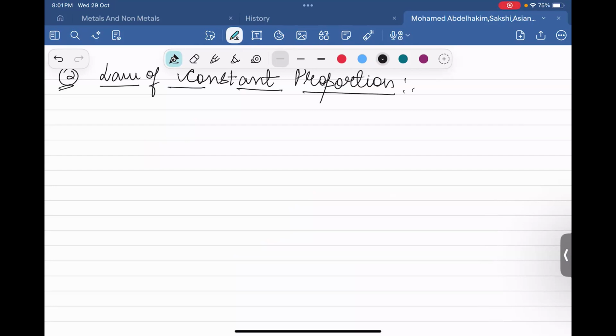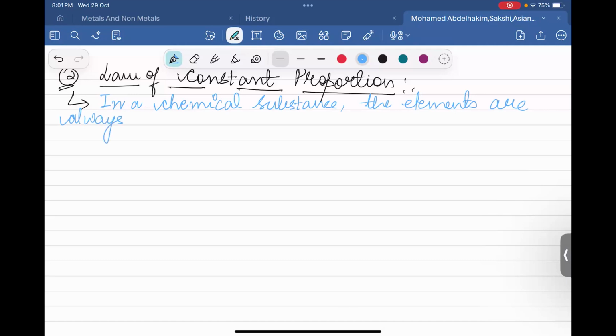This law states that in a chemical substance, the elements are always present in definite proportions by mass.